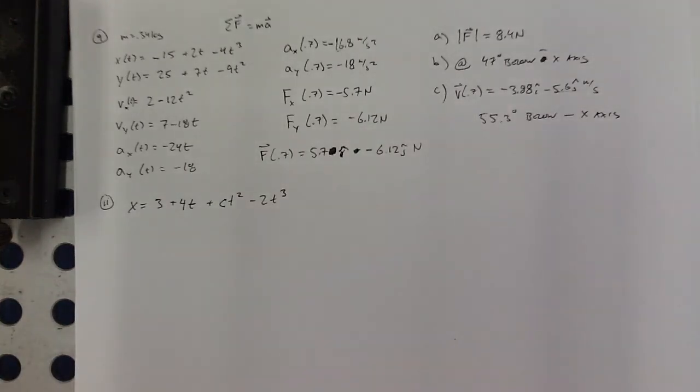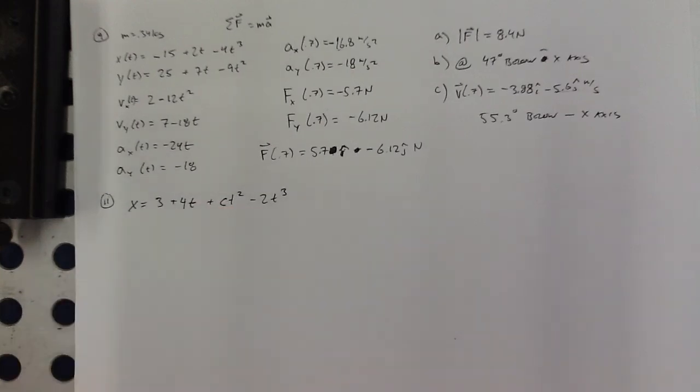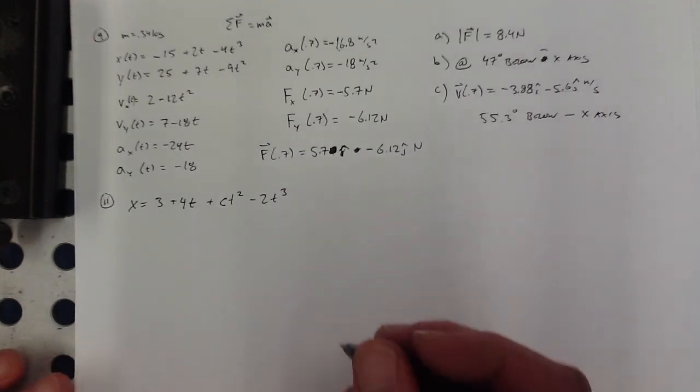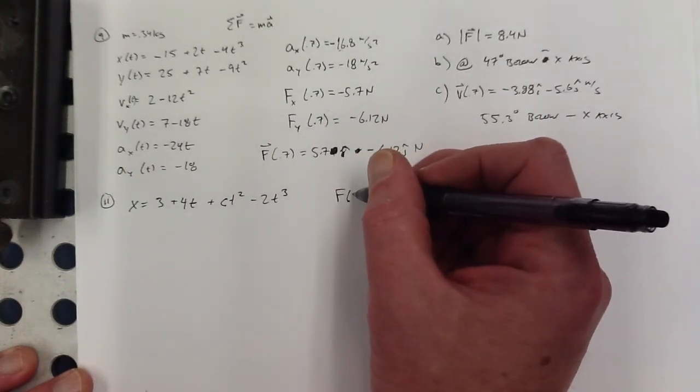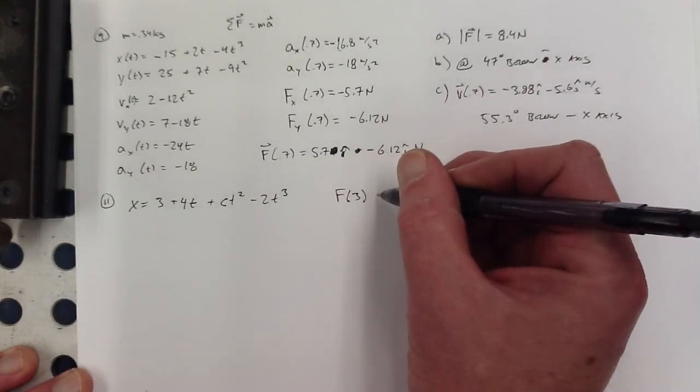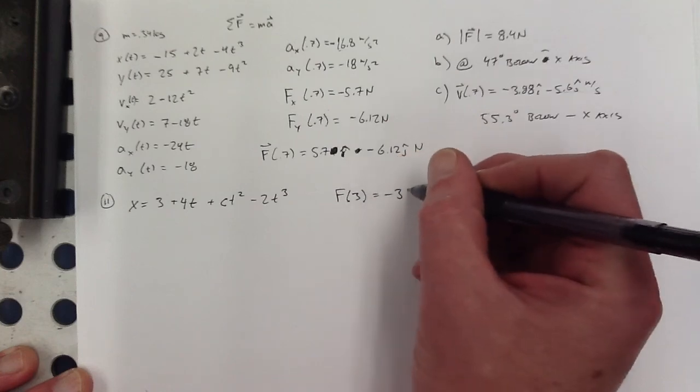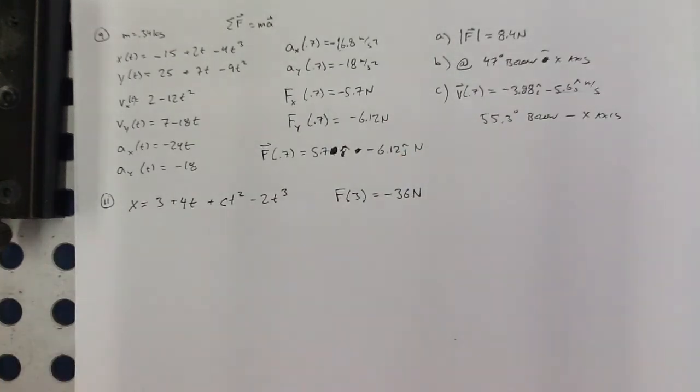I got that right. And the factor c, that's some constant. At time 3, the force on the particle has a magnitude of 36 in the negative direction. So the force at time 3 is negative 36. And they want us to find c. All right, that should be easy enough.